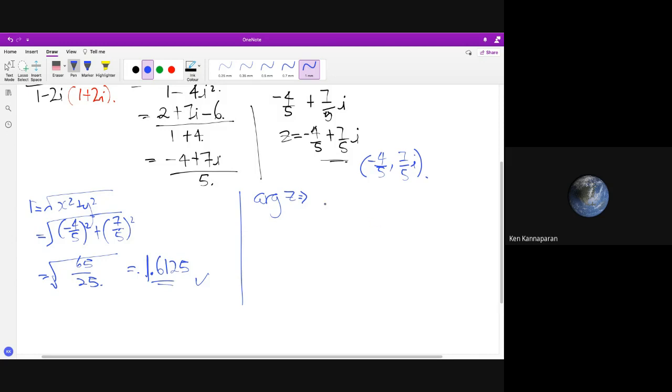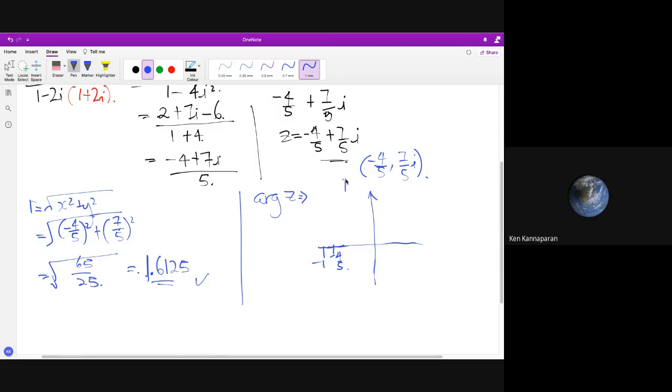So let's sketch this. -4 over 5 is -0.8, it's not even 1. So if -1 is somewhere here, -0.8 will be somewhere here, just approximately. And 7 over 5 is 1.4.